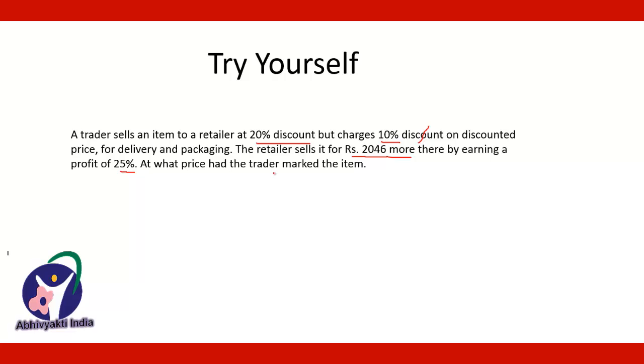At what price had the trader marked the item? Do the correction, this is not discount, he charges 10% for delivery and packaging, and you have to find the marked price. Just solve this, give your answer through comments and the method you have used to solve it.